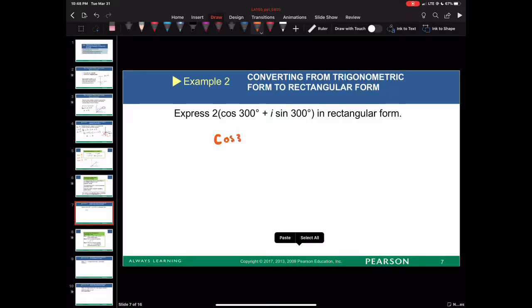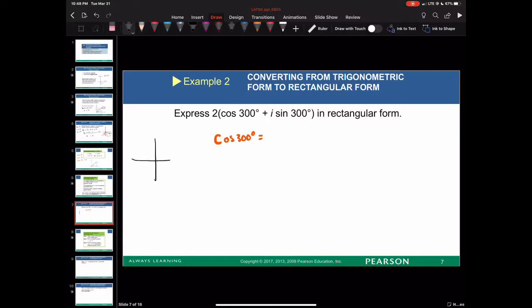What is the cosine of 300? What quadrant is that in? It's in the fourth quadrant, because 300 is in the fourth quadrant. Now you have a reference angle. So let's look at what this looks like.